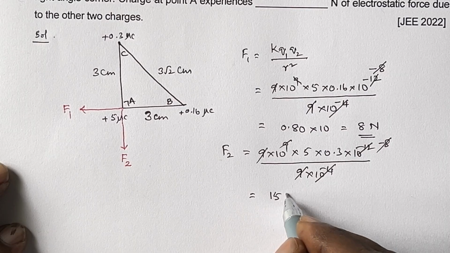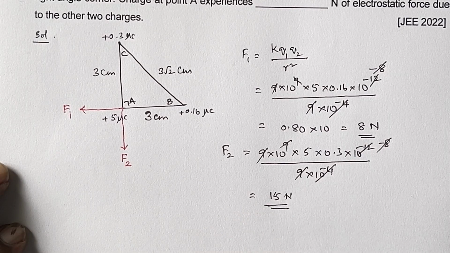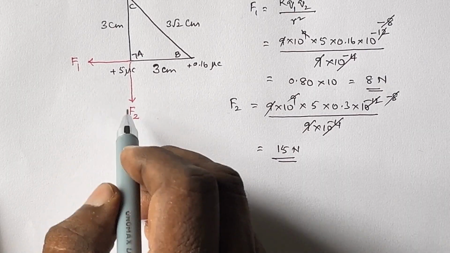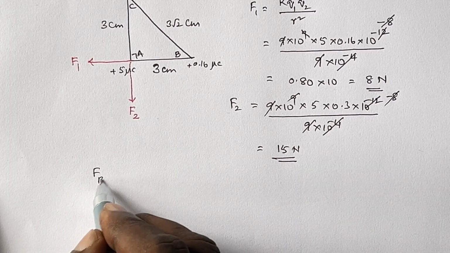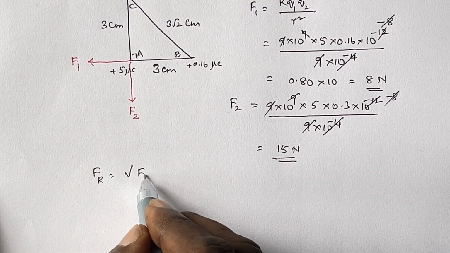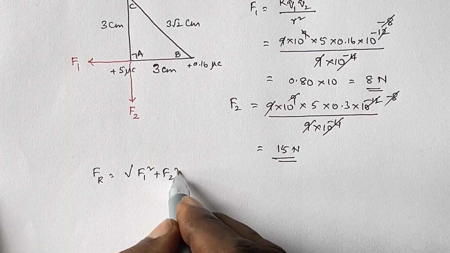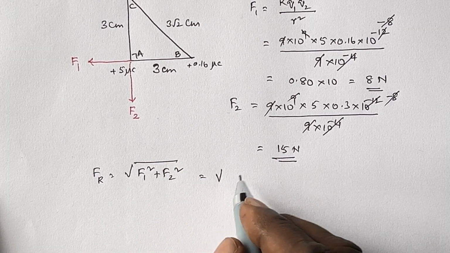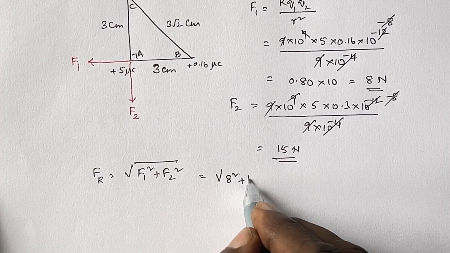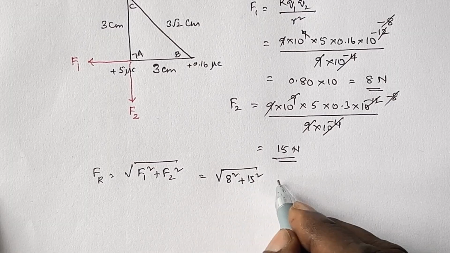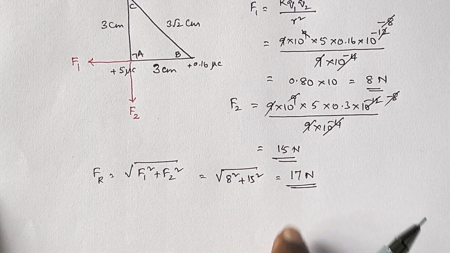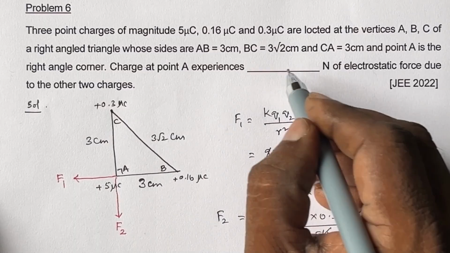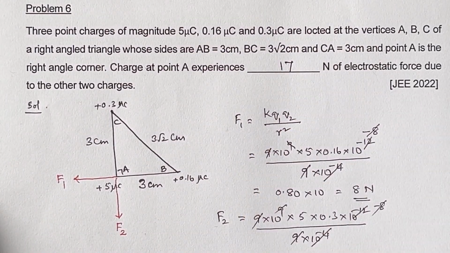So 15 Newton. This is F2. So here F1, F2 are both at 90 degrees. So resultant force is equal to root of F1 square plus F2 square, that is 8 square plus 15 square. So that is obviously 17 Newton. So 17 Newton is the answer.